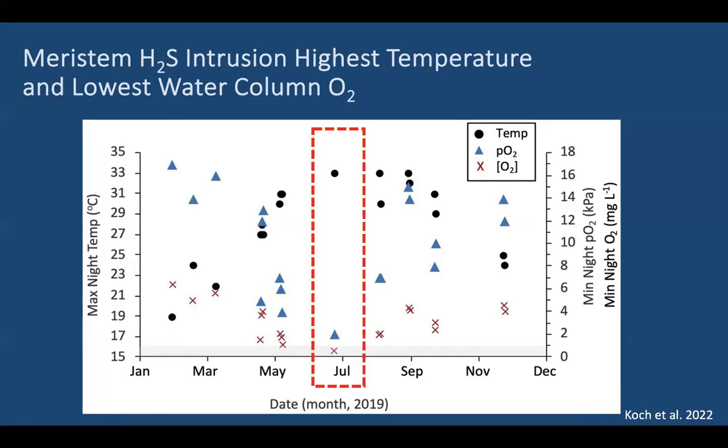But I think that temperature is an effect because it really does affect the oxygen solubility. When you look at the partial pressure of oxygen, it was very low during that time where we had this highest temperature, and then the oxygen concentration dropped below 1 milligram per liter.